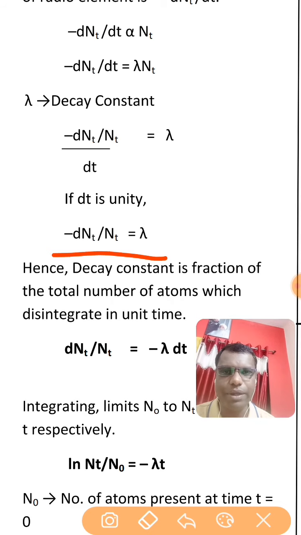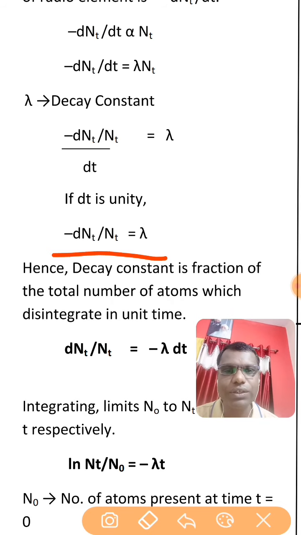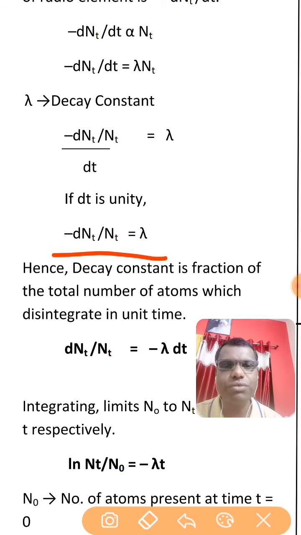is equal to lambda. Hence, this decay constant can be defined from this equation: dNt is the change in number of atoms, the number of atoms which undergo disintegration, and Nt is the total number of atoms present. So this is the change in atoms to the total number of atoms, which is called a fraction.